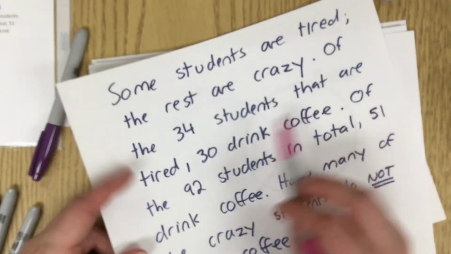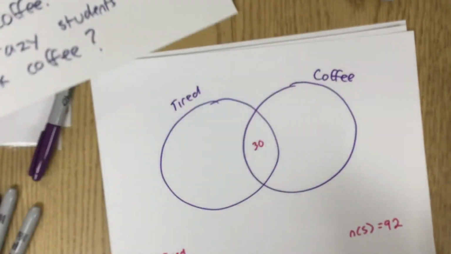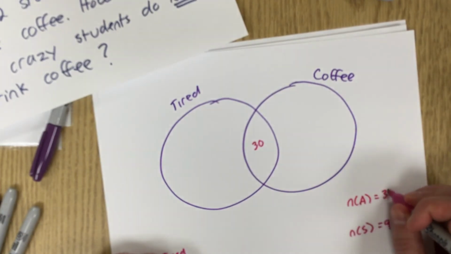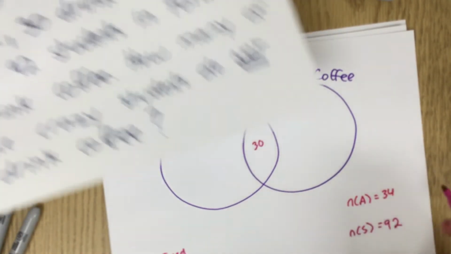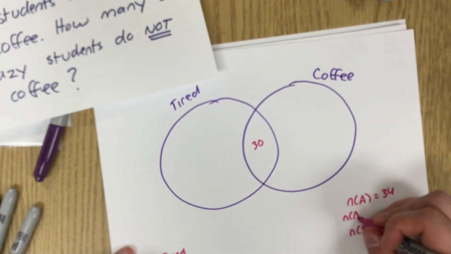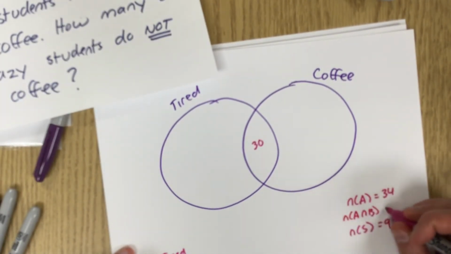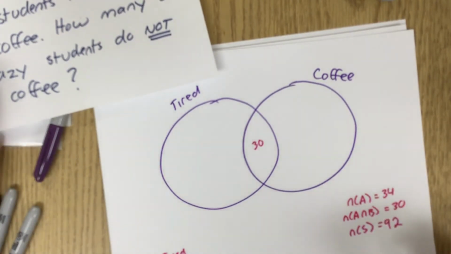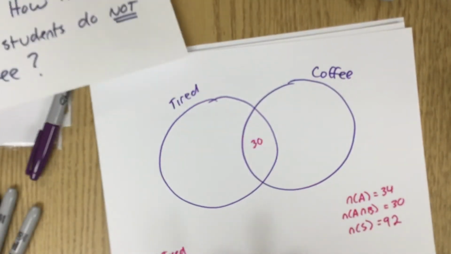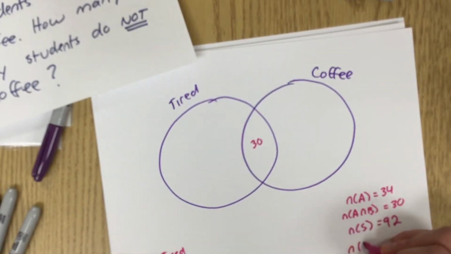Of the 92 students total, 51 drink coffee. So the number that drink coffee is 51.